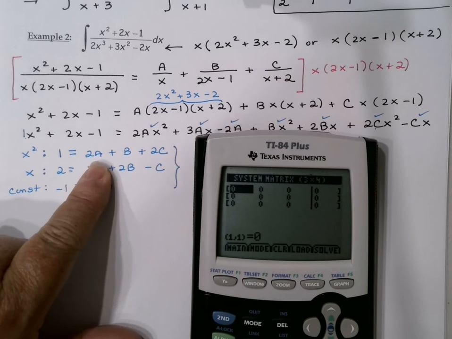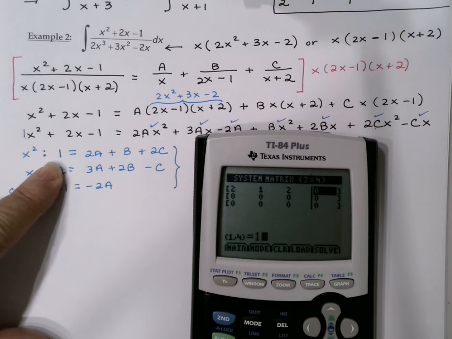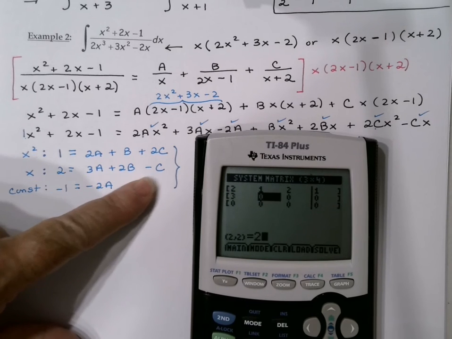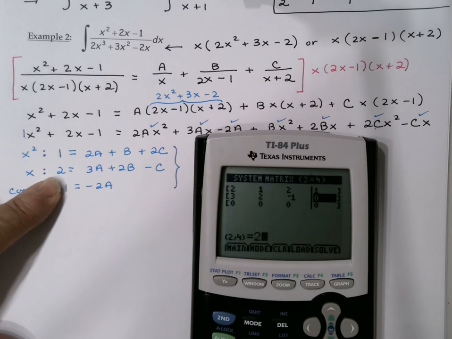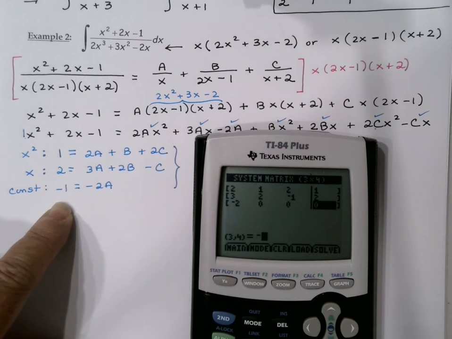My first equation would be 2, 1, 2, and that's equal to 1. My next equation, 3, 2, negative 1, and that is equal to 2. And my last equation, negative 2 for the A, 0 B's, 0 C's, and that's equal to negative 1.